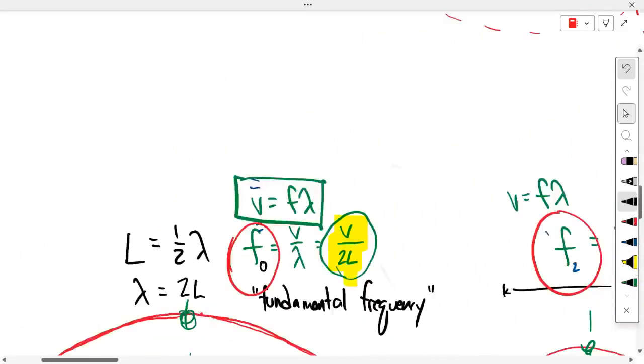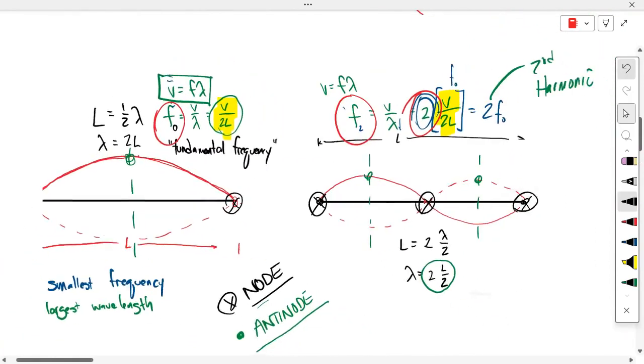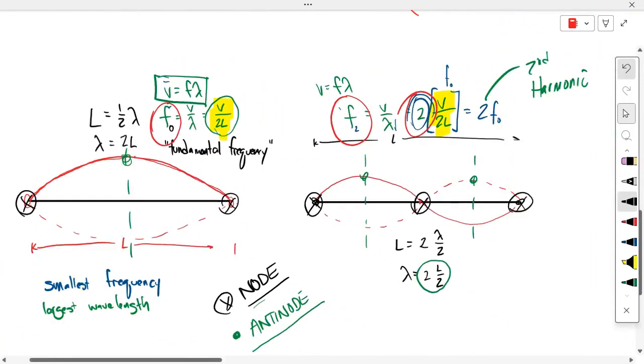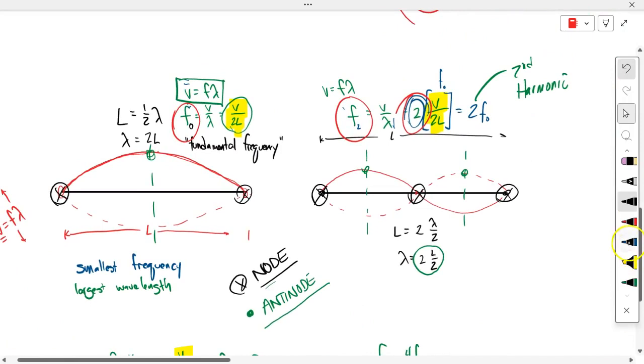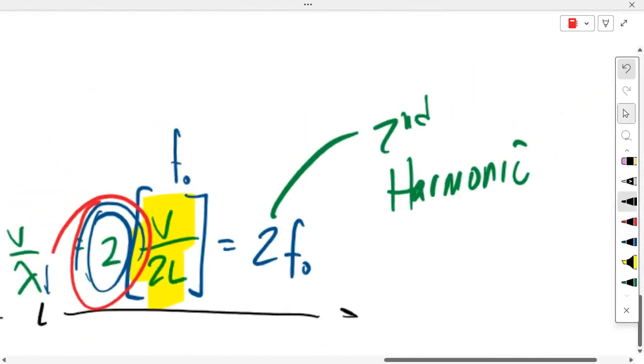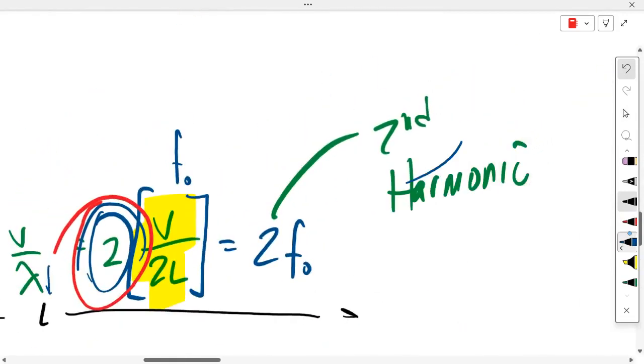And then you can say that there are lots of different ways for standing waves to exist on a string. That's why they're named like the second harmonic, a harmonic for a wave on a string. The harmonic number is the multiplier of the fundamental frequency.